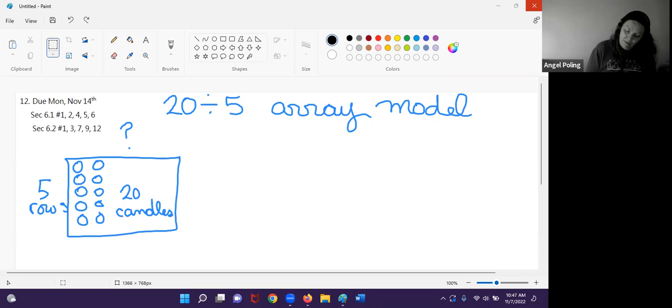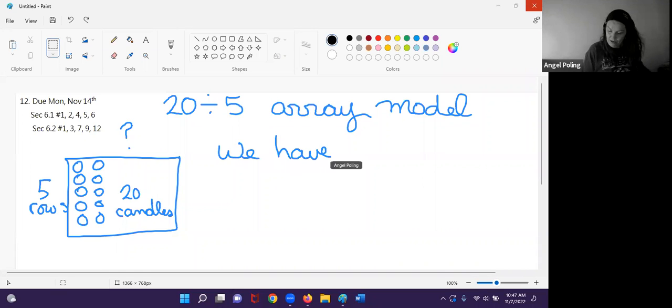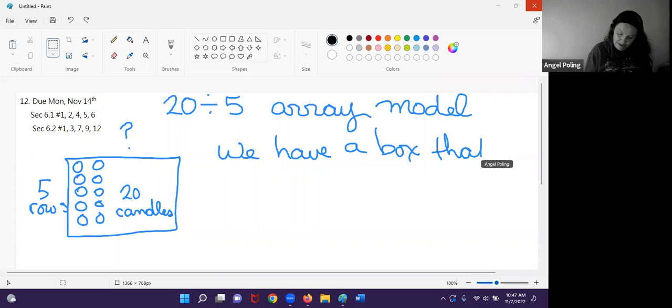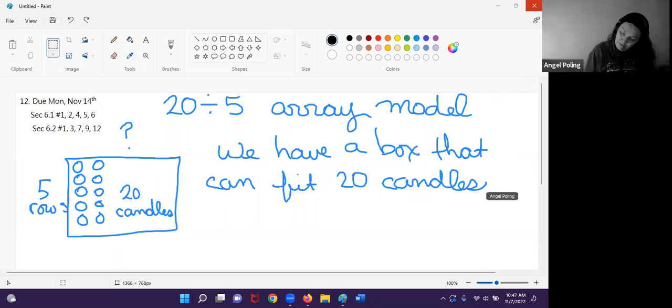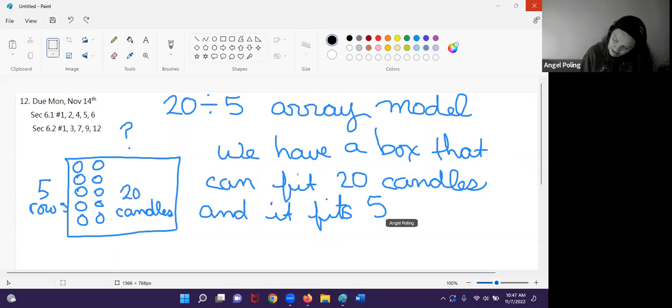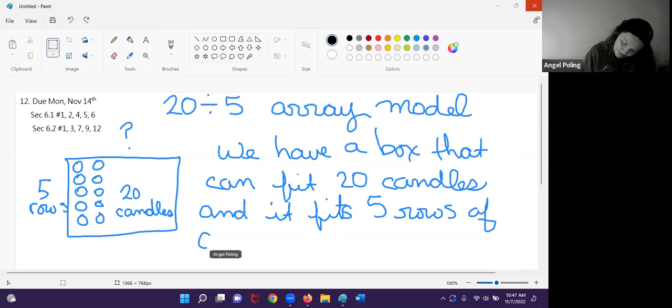So we have a box that can fit 20 candles, starting with the big pile. And it fits 5 rows of candles.